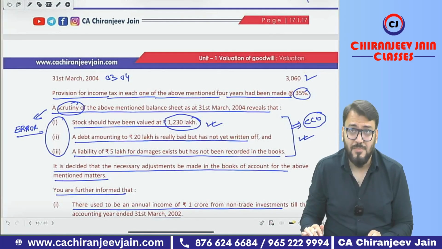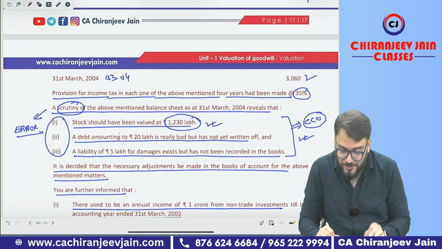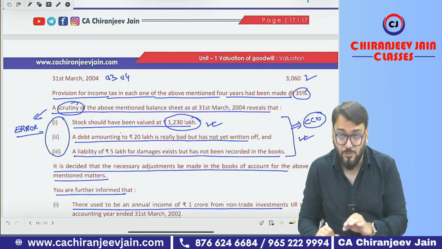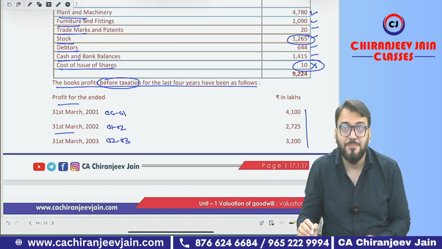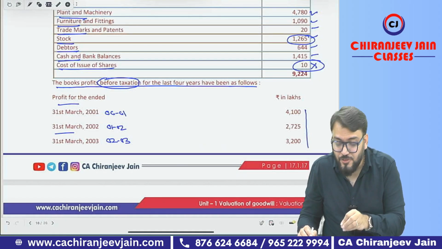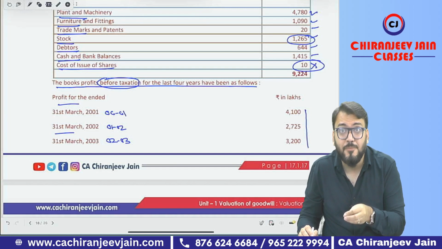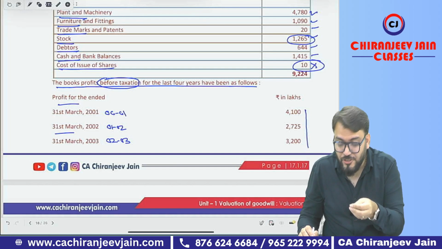Now there are some errors. The first error they have given: stock should have been valued at 1230. It was actually valued at 1265. So it is quite possible that NRV is less than cost price. So the loss should be written down. Correct now, the loss should be charged to the P&L account.